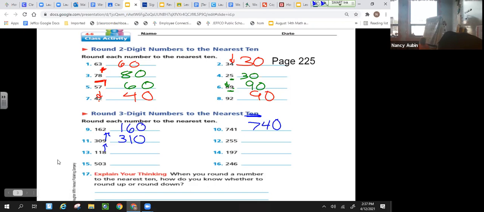255. I keep the 2, right? Because I'm not rounding to the nearest 100. I still am going to look in the ones place at that 5. Am I going to round the 55 to 50 or 60? Henrik, what do you think? How did you know? You're right.